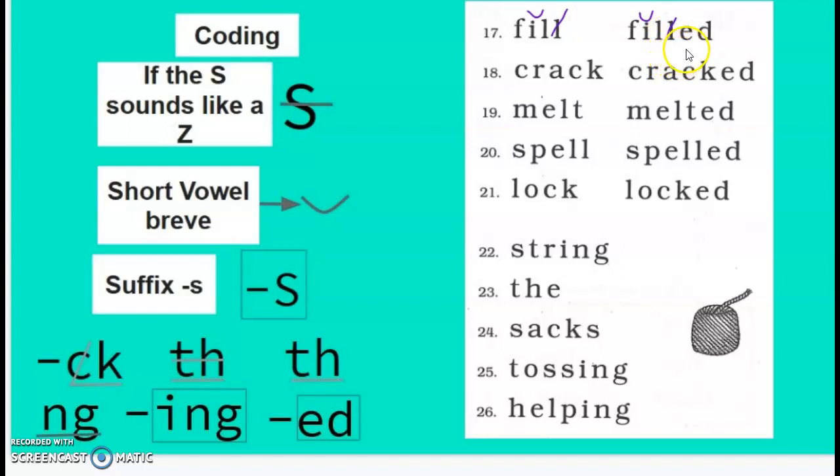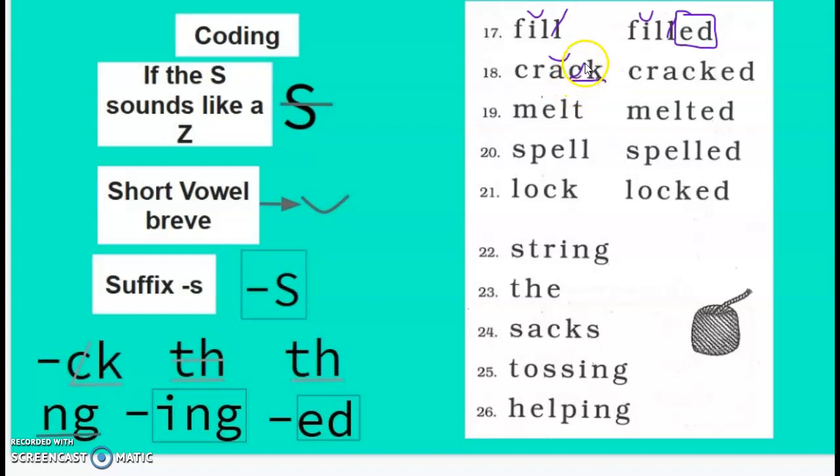And what do we do with our suffixes? We box them in. Let's do number 18. Crack. Right, our A needs a breve because it says ah, and we need to put a line under our digraph.